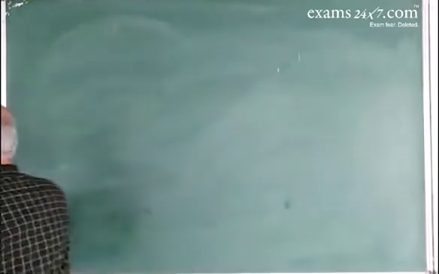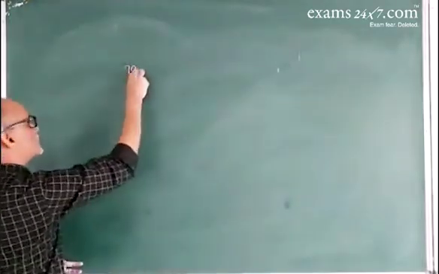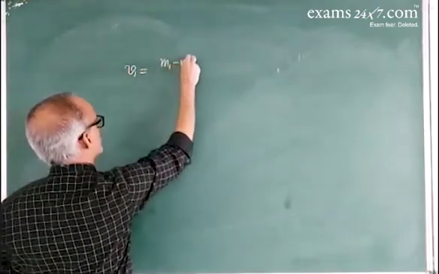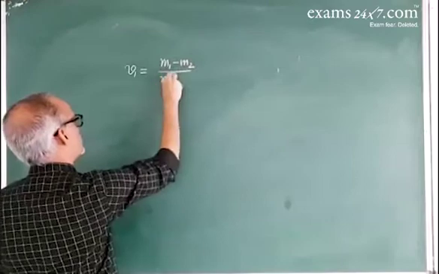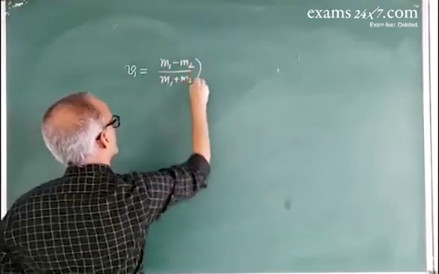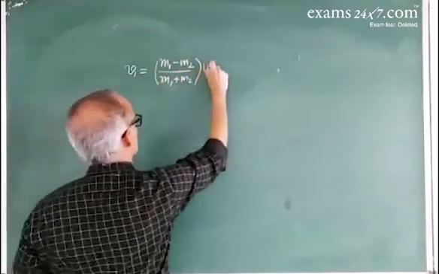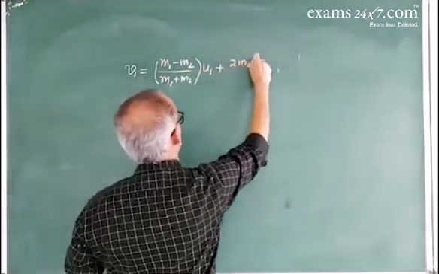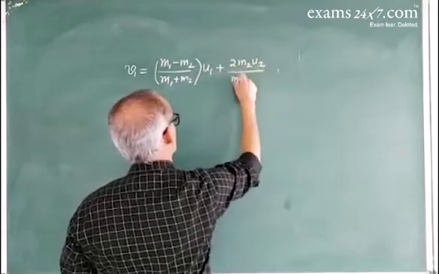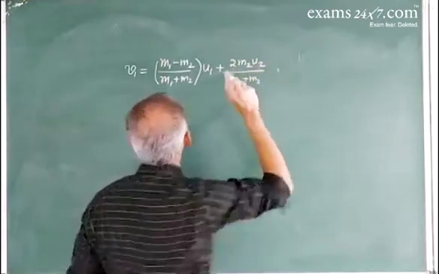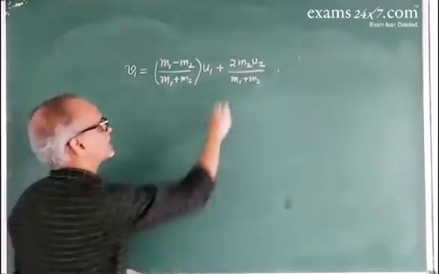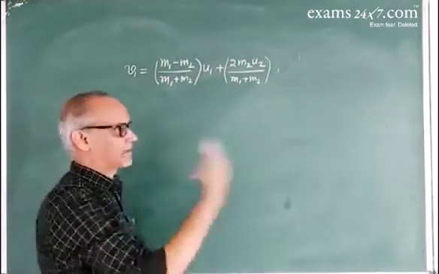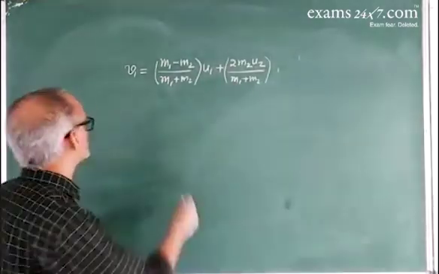The velocity of the two bodies after the collision is given by v1 is equal to m1 minus m2 by m1 plus m2 into u1 plus 2 m2 u2 by m1 plus m2. So that's the velocity of the first body after elastic collision.